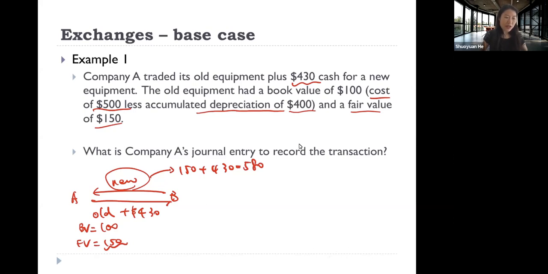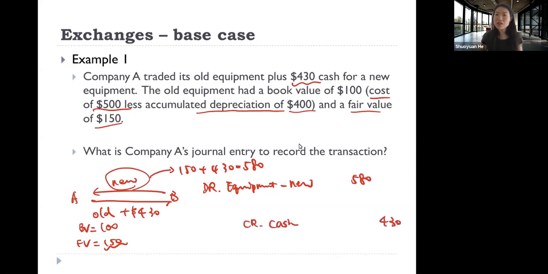So the general entry here is company A gets a new equipment, and the cost is 580. Company A is also giving up cash of 430.